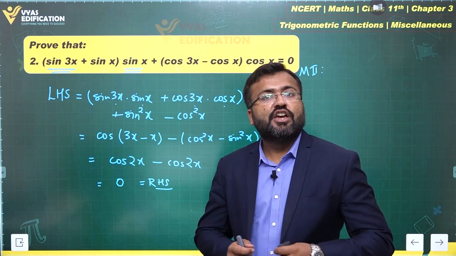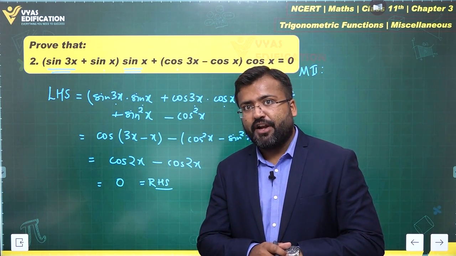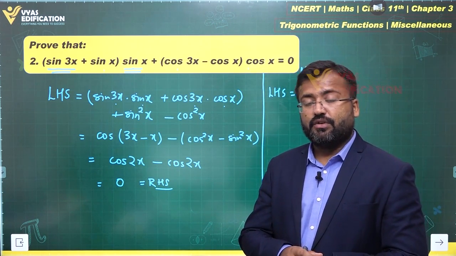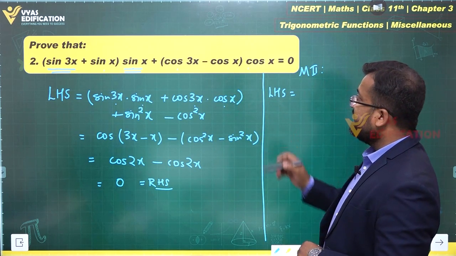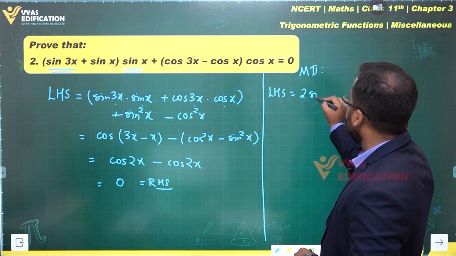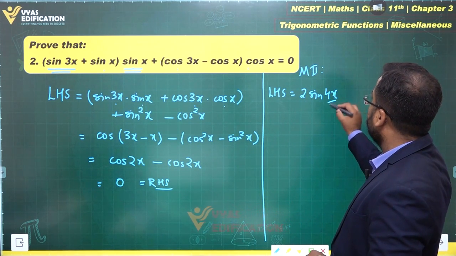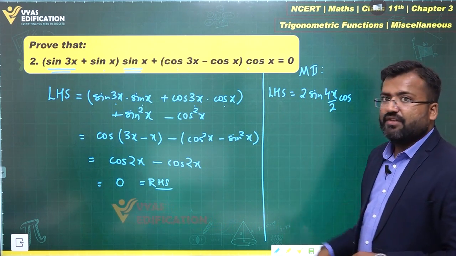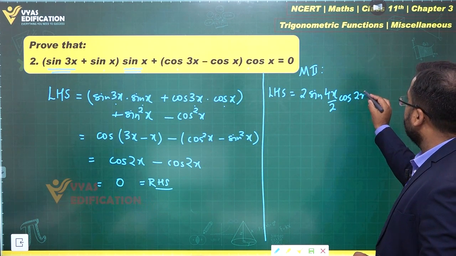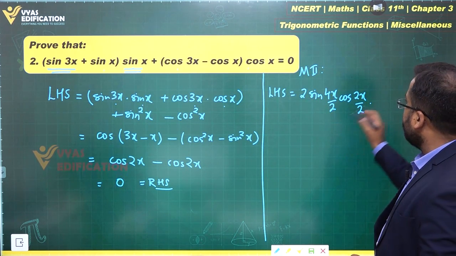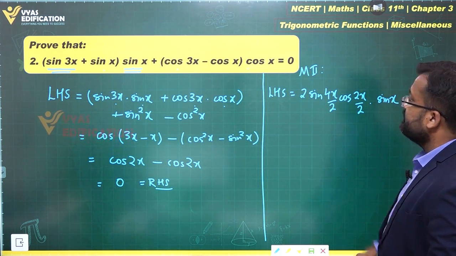Sin C plus sin D is 2 sin (C plus D)/2 cos (C minus D)/2. Let's apply that. Sin 3x plus sin x is 2 sin (3x plus x)/2, cos (3x minus x)/2, times, you already have a sin x over there. Let's keep it at this.